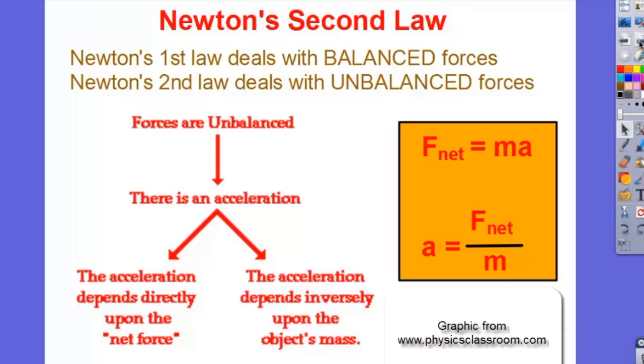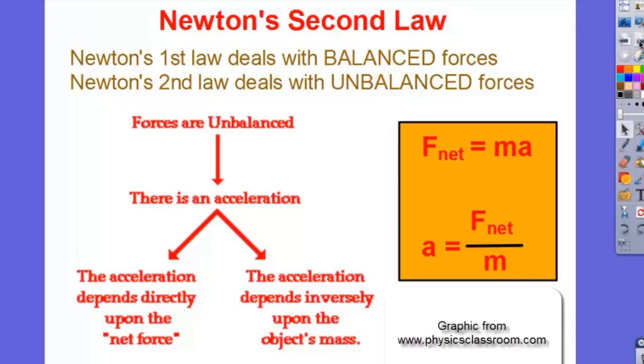But the one that we use the most in this chapter is Newton's second law, which says that the acceleration depends directly upon the net force and inversely upon the mass. And that is just a way to state the equations to the right of this slide. F net equals mass times acceleration.